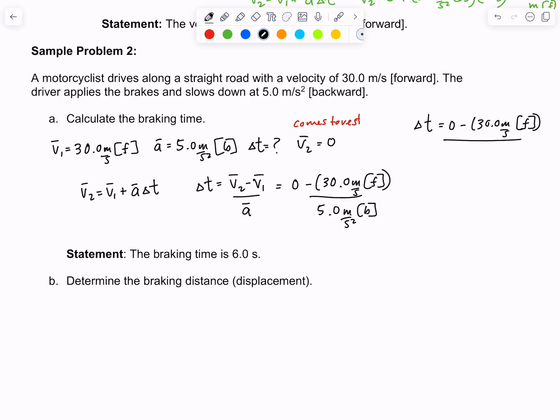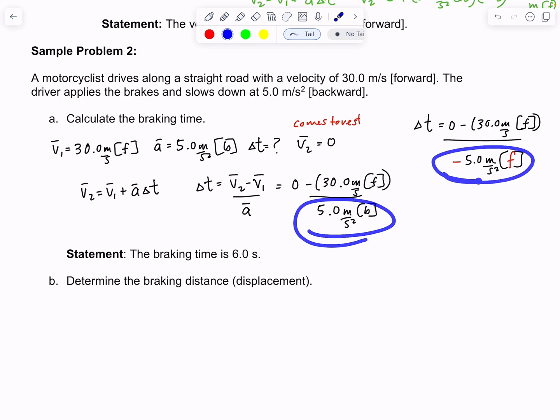So that means I will change my acceleration to, if I flip the direction from backwards to forward, I will flip the sign to negative. So 5 meters per second squared back is the same thing as negative 5 meters per second squared forward.